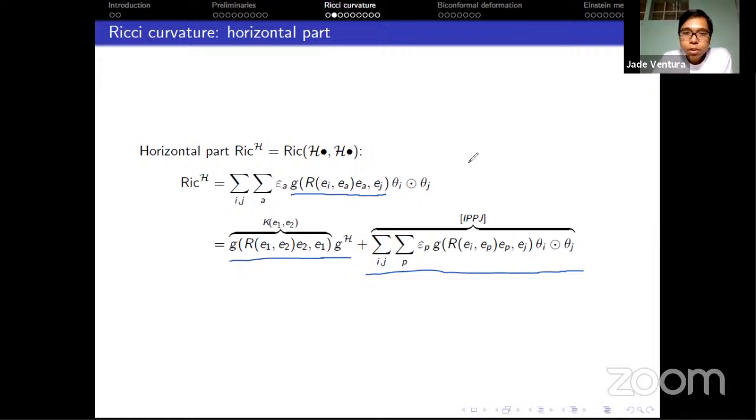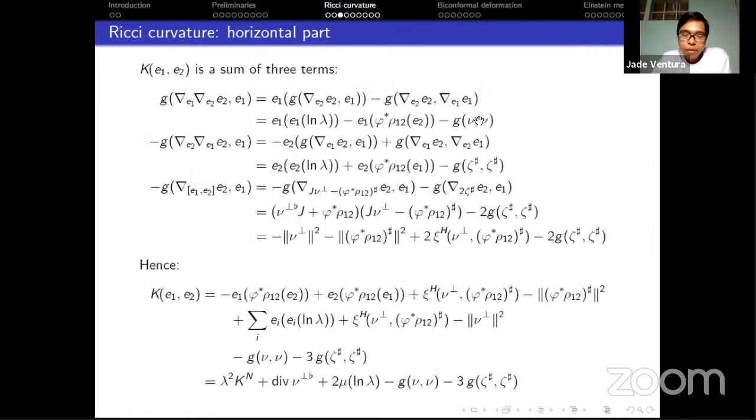So we compute those two individually. So the K(E1, E2) part can be computed this way. This is an abridged version of the computation.